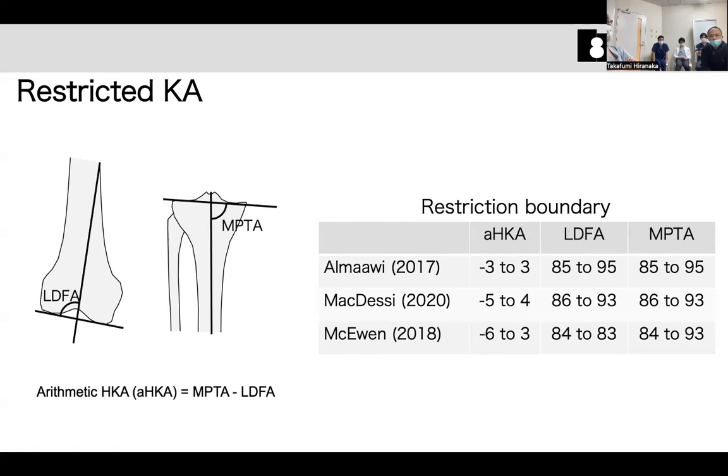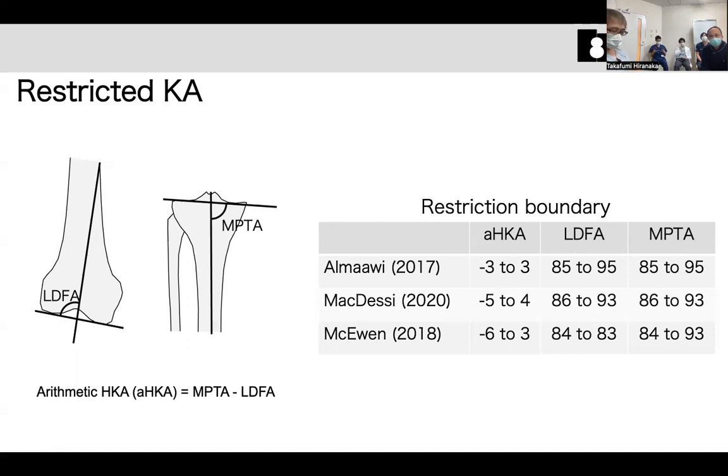So in the next 5 or 10 years, we've got a lot of data that includes extreme alignment in terms of MPTA and arithmetic HKA. So anyway, so far, I think everyone agrees with his decision, plus or minus 3 degrees or plus or minus 5 degrees.